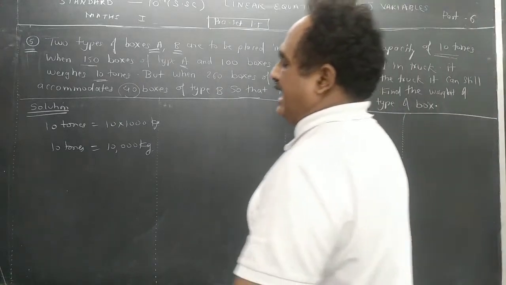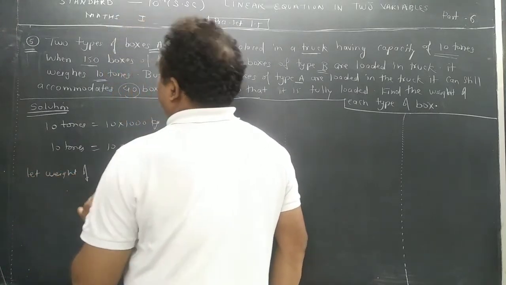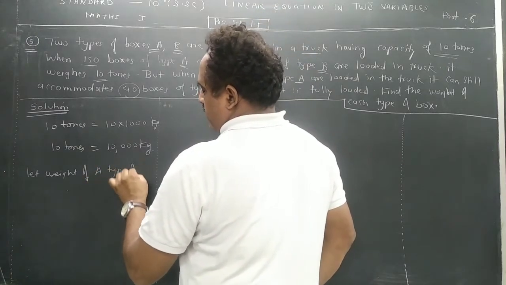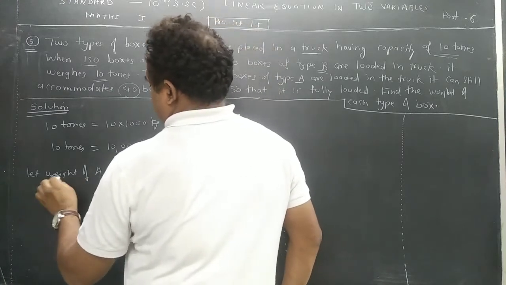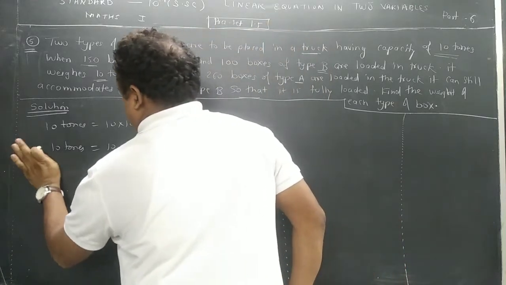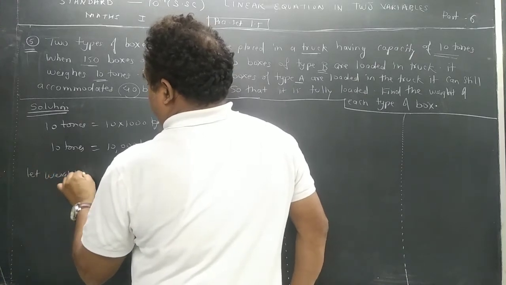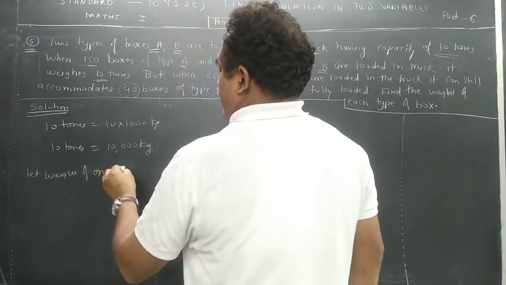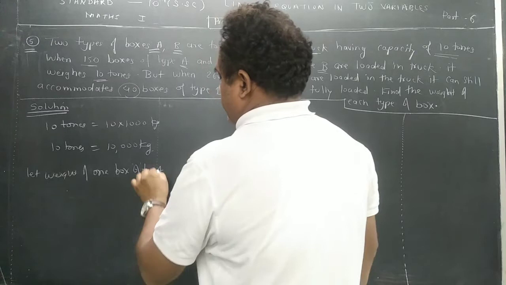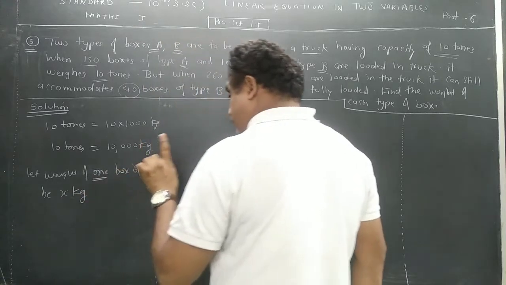So what you are going to write? Let the weight of one box of type A. टाइप कौन सा है A, B, X, H. We are going to take a weight of one box.